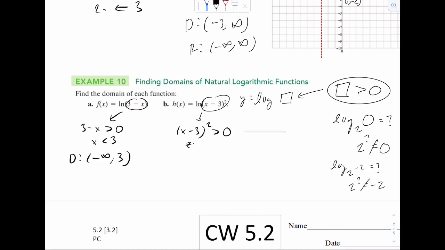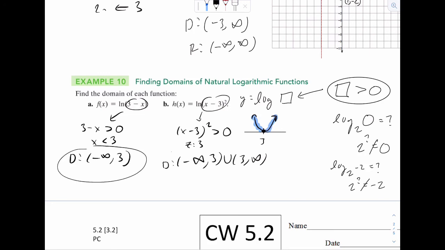So I can see my zero is 3, and it should bounce. So something like this. And it's saying where is it greater than 0? So that's pretty much everywhere except for that 3. So we're going to write negative infinity to 3, union 3 to infinity. And that's our whole lesson.